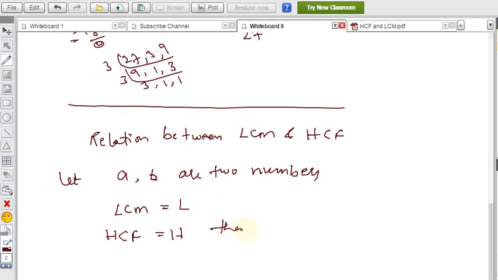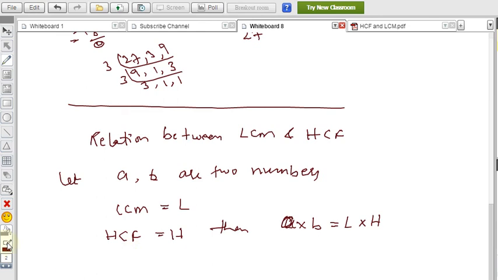Then the formula is A into B is equal to L into H. That means the product of two numbers is equal to their HCF into their LCM.